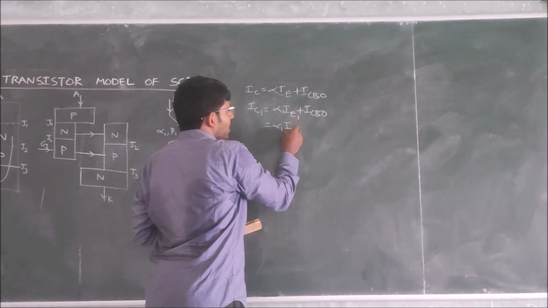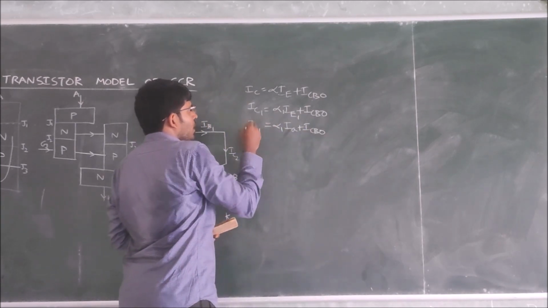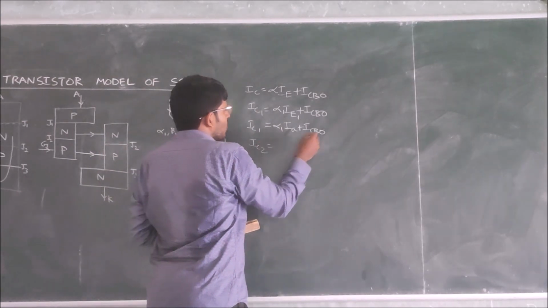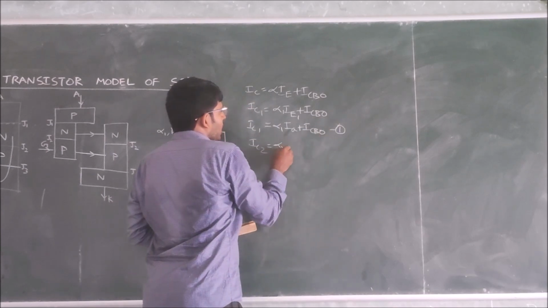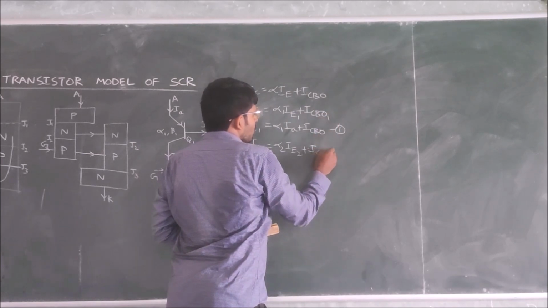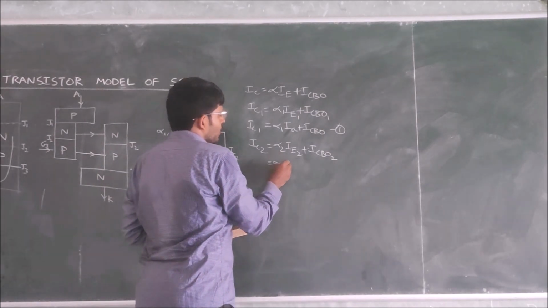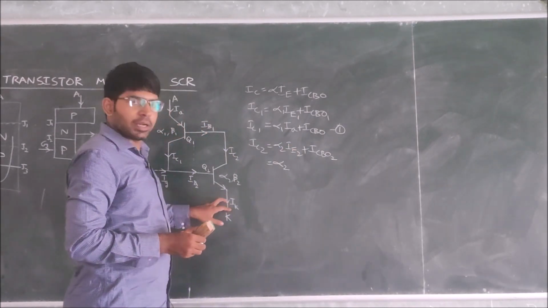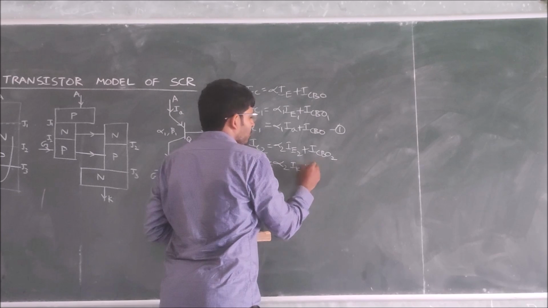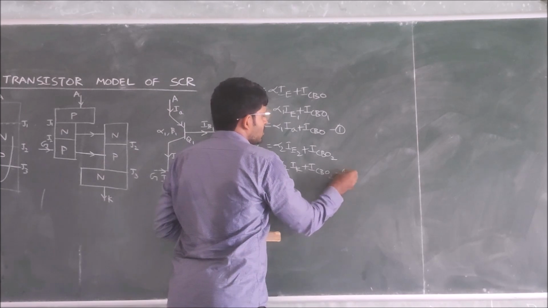So IC1 is alpha 1 IA plus ICBO1. And for the second transistor, IC2 is equal to alpha 2 IE2 plus ICBO2. The second transistor emitter current is nothing but the cathode current, IK. So IC2 is alpha 2 IK plus ICBO2. This is equation 2.